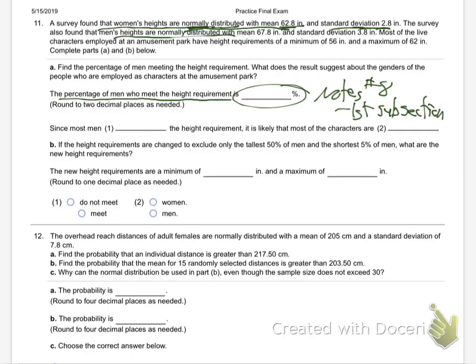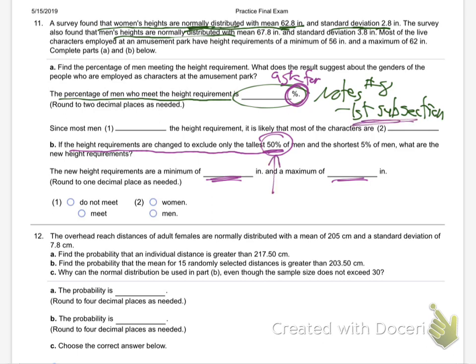Again. And now down here, on part B, they get a little more tricky. If the height requirements are changed to exclude only, now they're giving me a percentage. And they want numbers. See, up here they asked for a percentage. That's why it was first subsection.